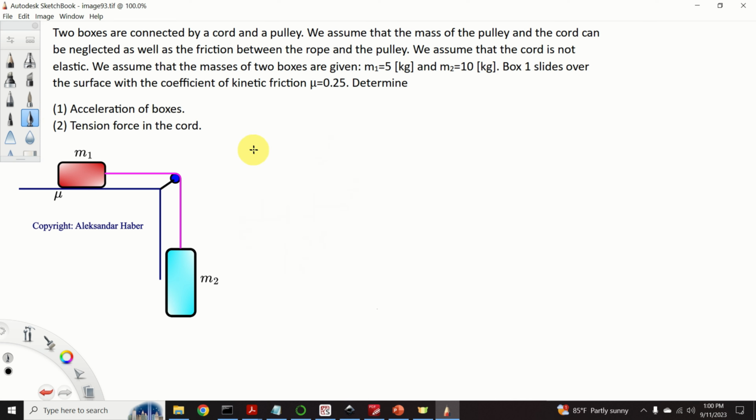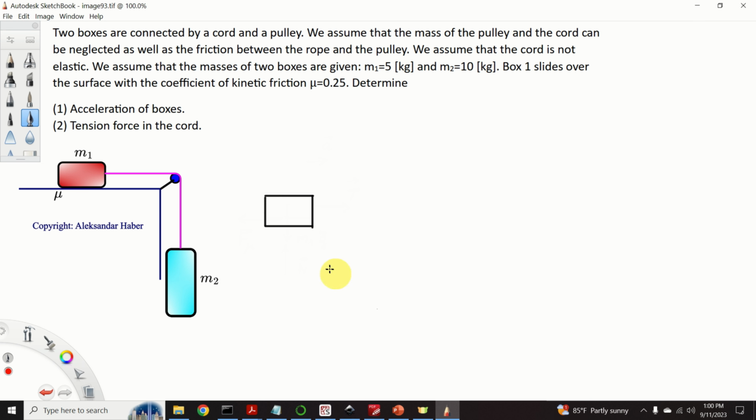To solve this problem, we first need to construct free body diagrams of the box 1 and the box 2. Let us construct the free body diagram of the box 1. Here's the box 1. And let's analyze the forces acting on this box.